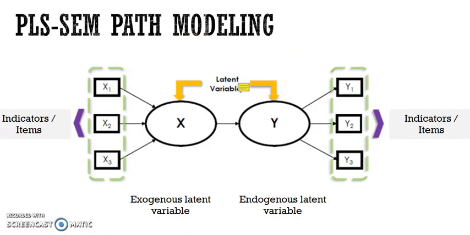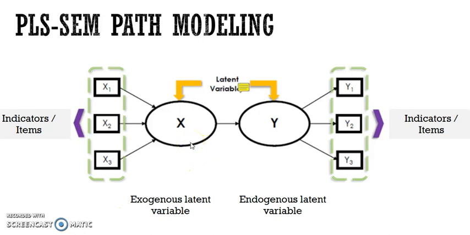Now, next we are discussing PLS SEM path modeling. Path models are diagrams used to visually display the hypotheses and variable relationships that are examined. As you can see, there are constructs, which are variables that are not directly measured, represented in the model as circles.